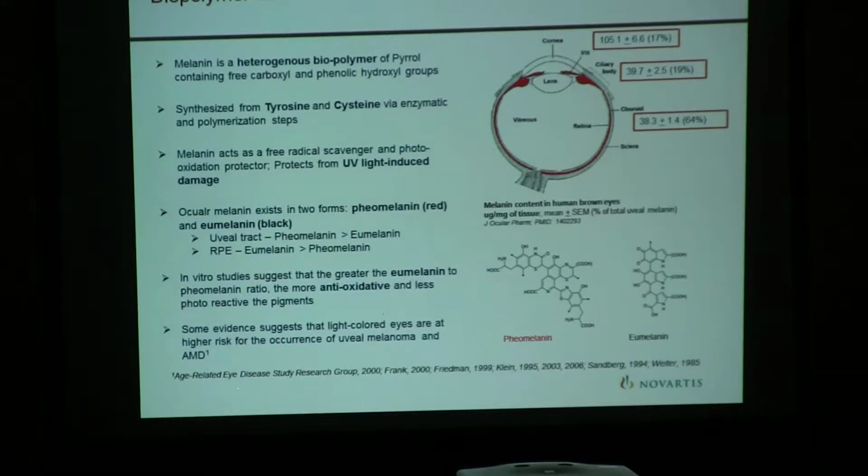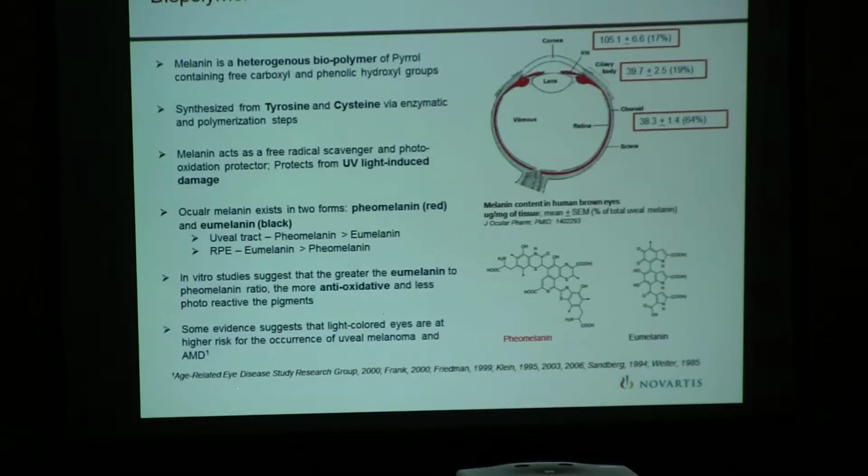So the eye color is either red or black, or anything in between those two shades, depending on how much pheomelanin and eumelanin you have in your iris. That gives you the color of the iris.